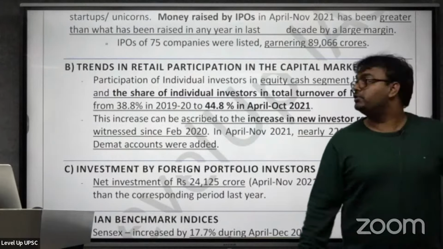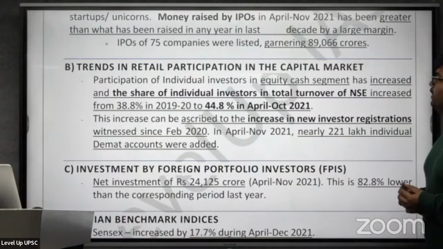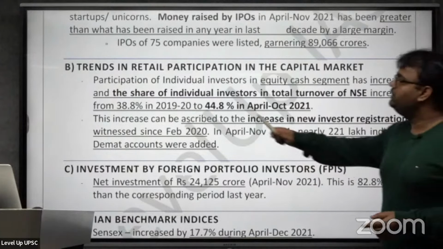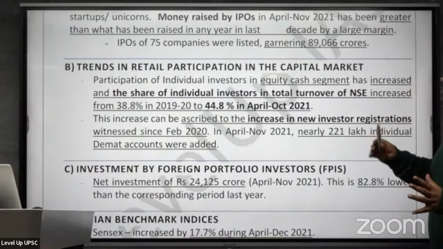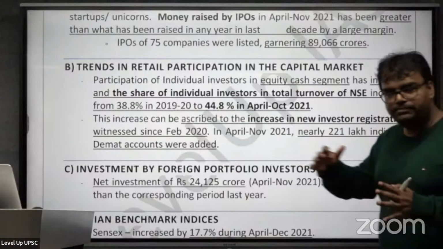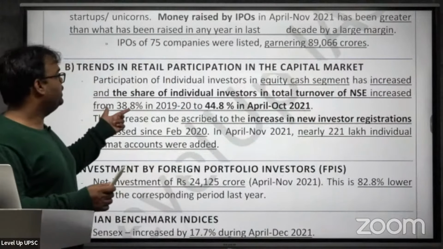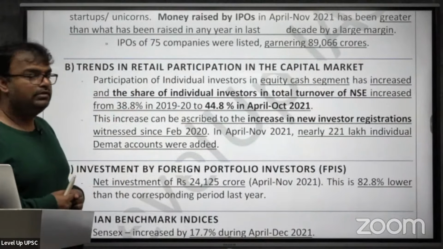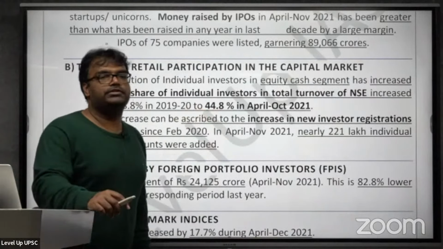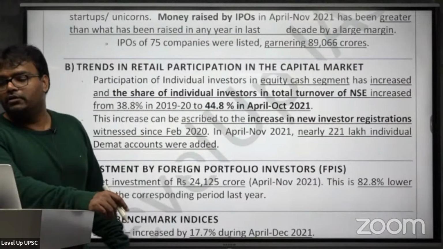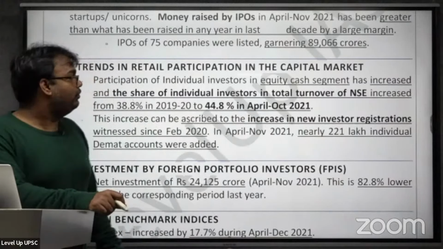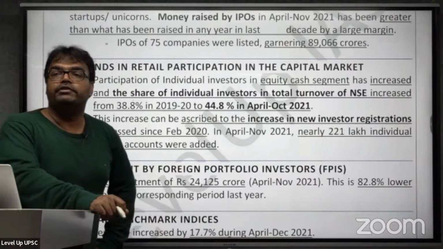Another update which the Economic Survey of India gives is that in 2019-20, of the total turnover of NSE, the stocks bought and sold, 38% was done by retail investors. Now 44% is done by retail investors, between April to October.